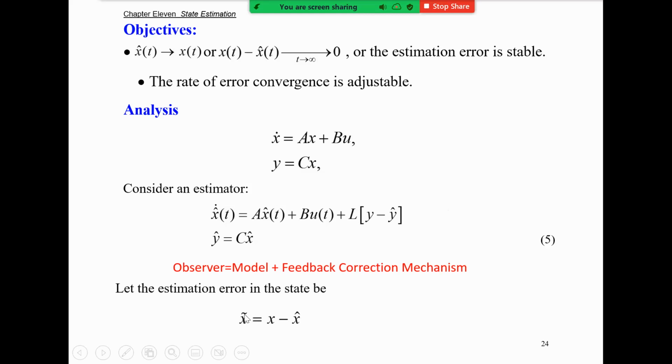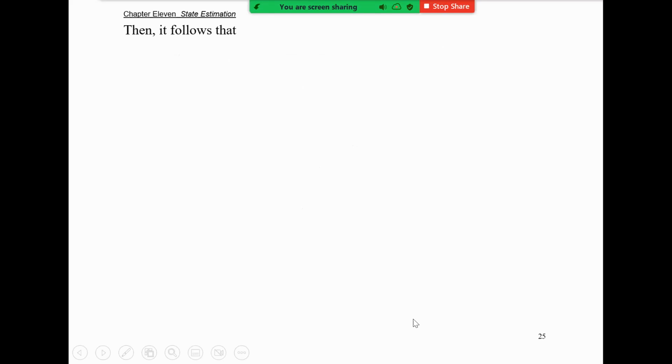So again, let's define the estimation error x tilde as x minus x hat. Then we have to compute its derivative, right? x tilde dot is x dot minus x hat dot, but x dot is Ax plus Bu, and x hat dot is A x hat plus Bu plus the correction. And then Bu will be cancelled out. So we get A times (x minus x hat), and minus L times (y minus y hat). Here, the output y is related to x by Cx.